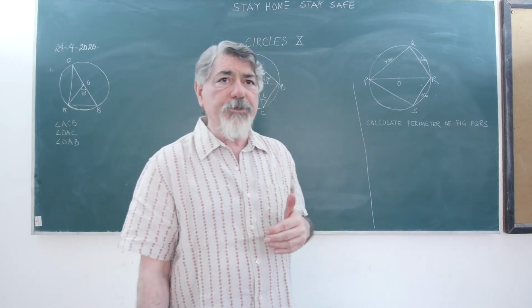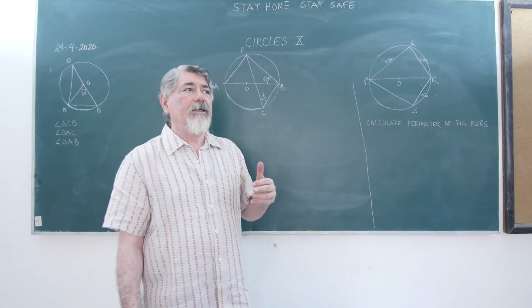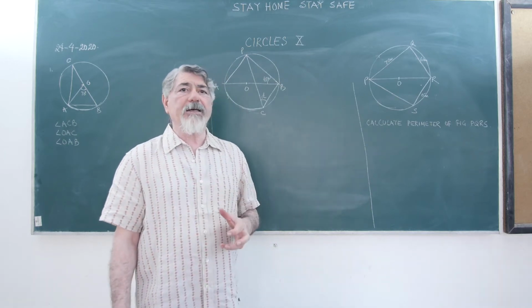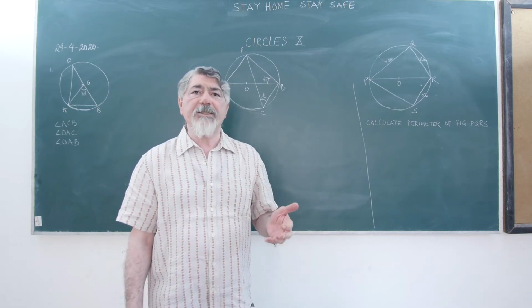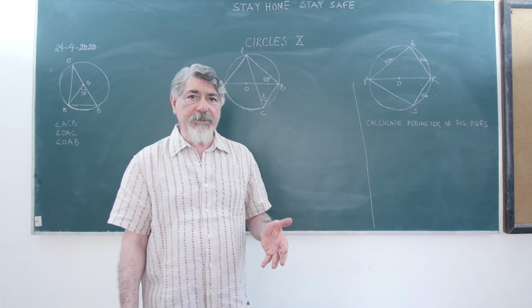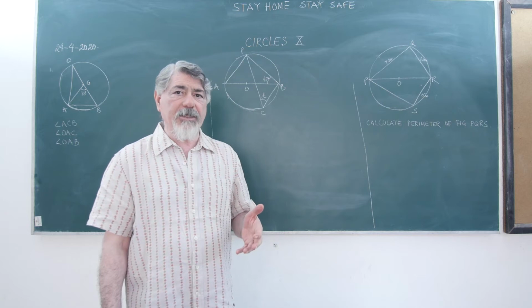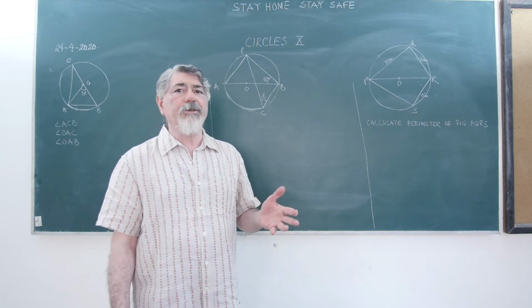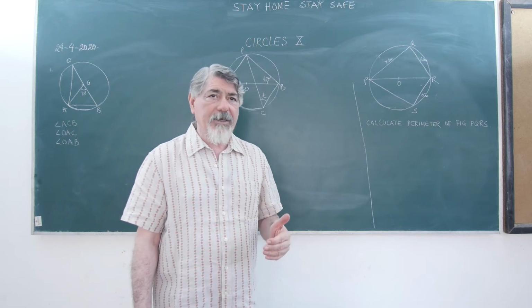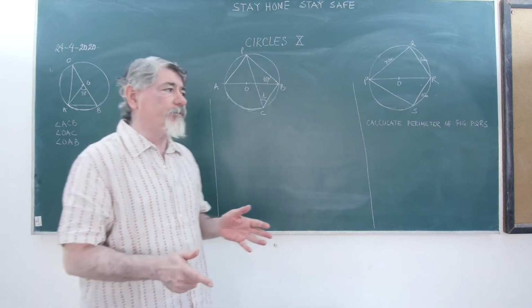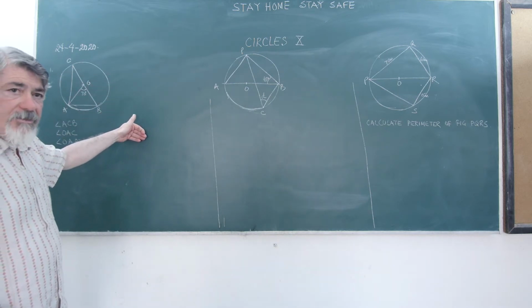We will also be using the theorems we have already studied: the angle subtended by an arc at the center of the circle is double the angle which it subtends at the remaining part of the circumference; angles in the same segment of a circle are equal; and the third theorem, that the angle in a semicircle is a right angle. All these three theorems we are going to use when solving problems on circles.